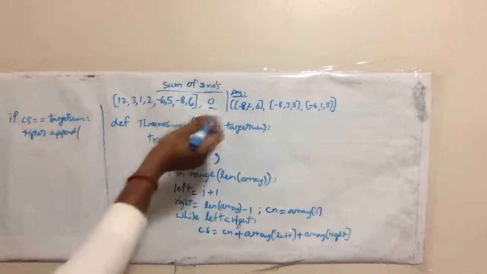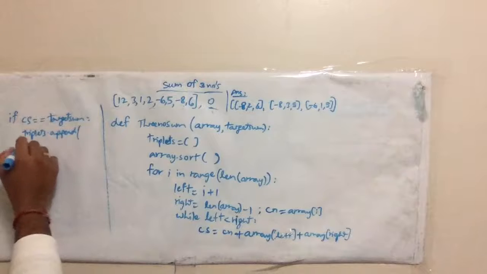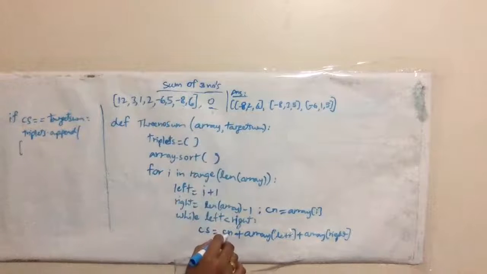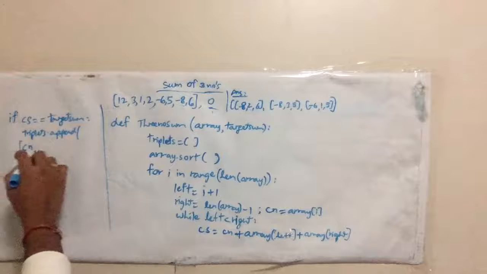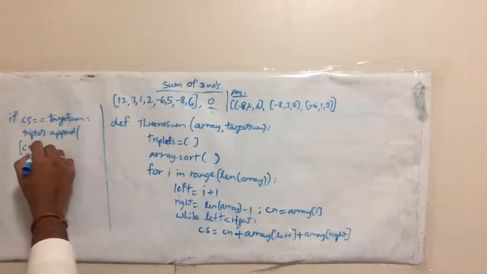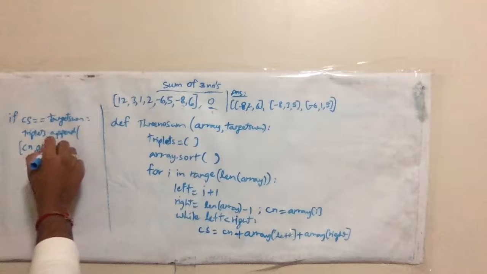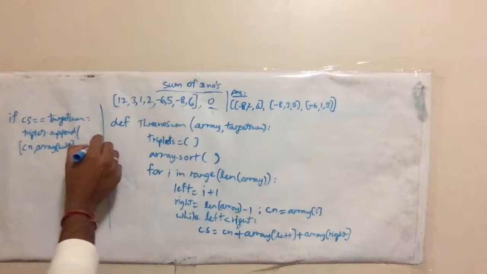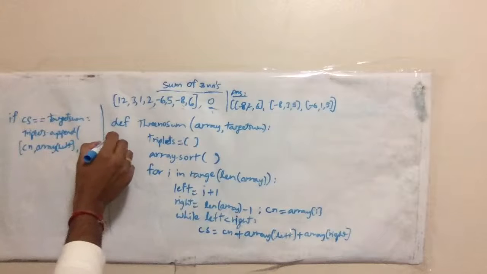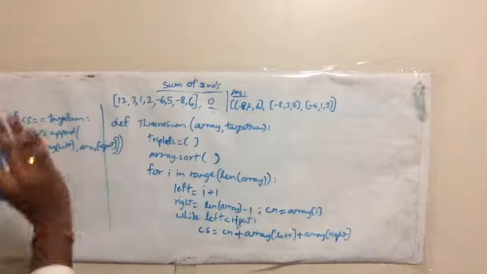Triplets dot append, add a list which contains the current number, array of left, array of right. We append one triplet.